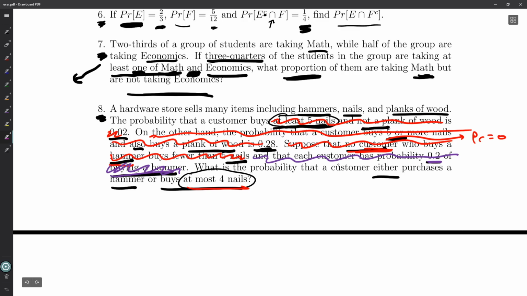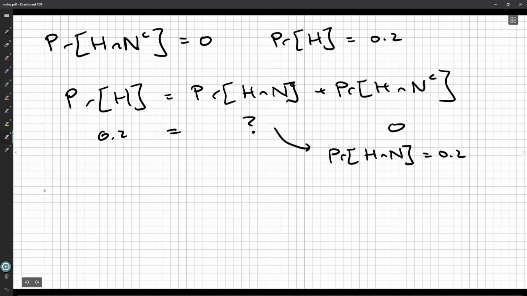What is the probability that a customer either, which makes me think union, purchases a hammer or buys at most 4 nails? Hammer or not my nail event.